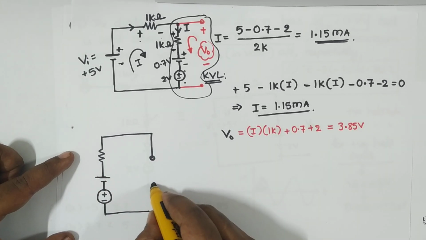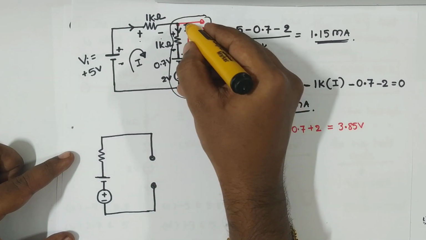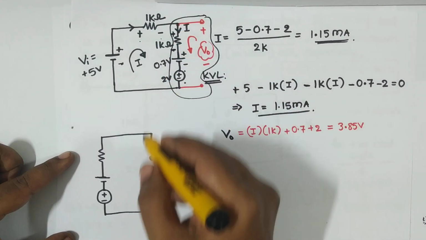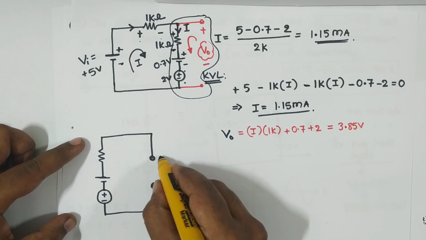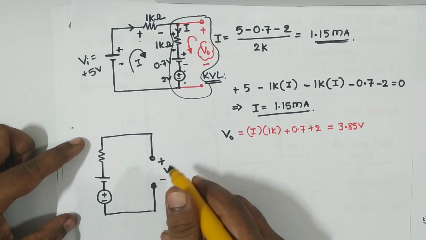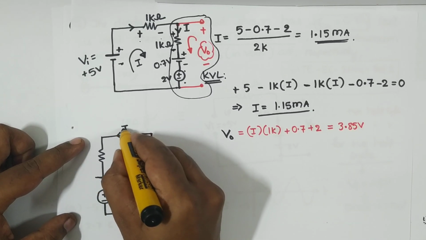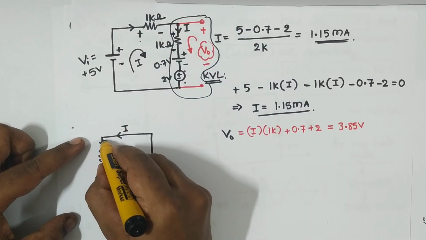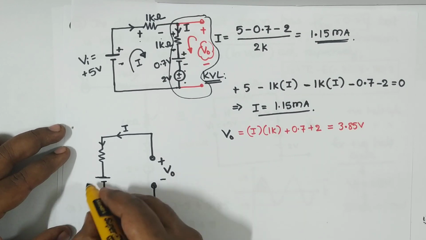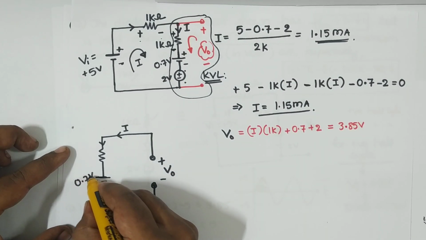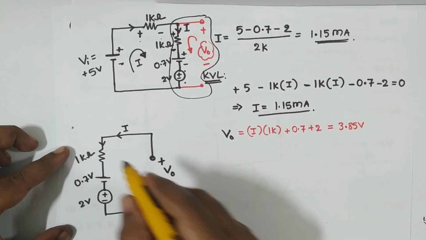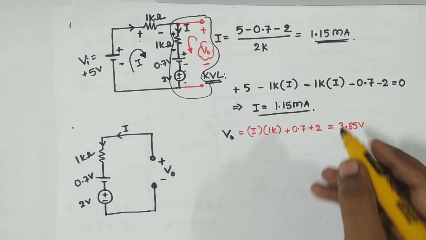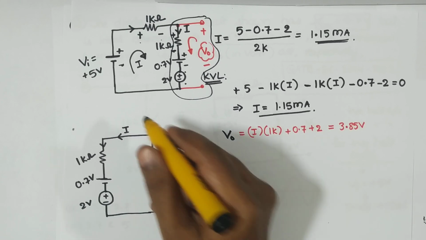Anyways, the direction of current is anti-clockwise, so there is no second thought. So this must be plus and minus, this is V naught. So I is going all the way this way. Now you have 0.7 volt, and this fellow is 2 volt, and he is Mr. 1 kilo ohm. Now already we have I equal to 1.15 milliamperes.